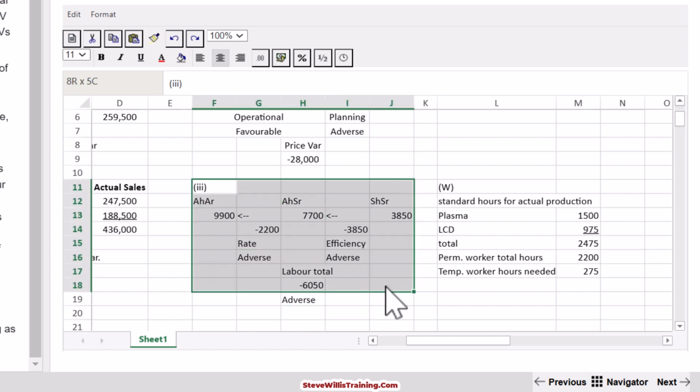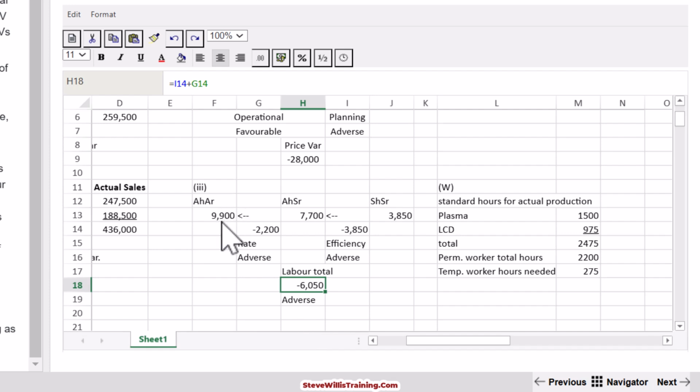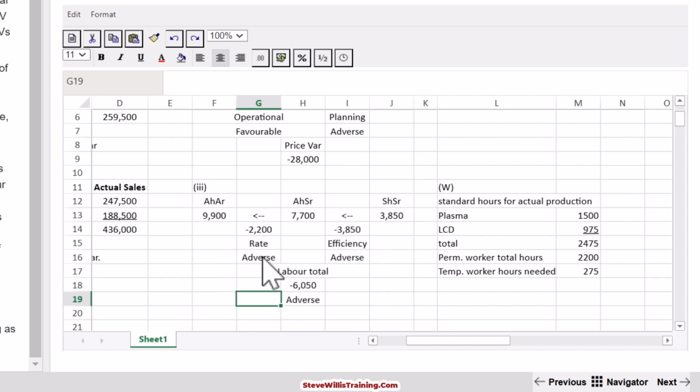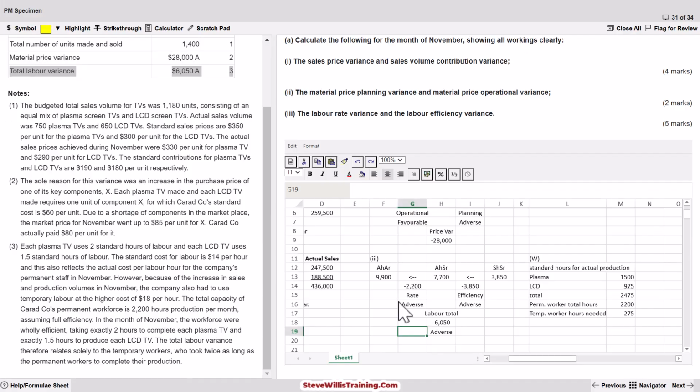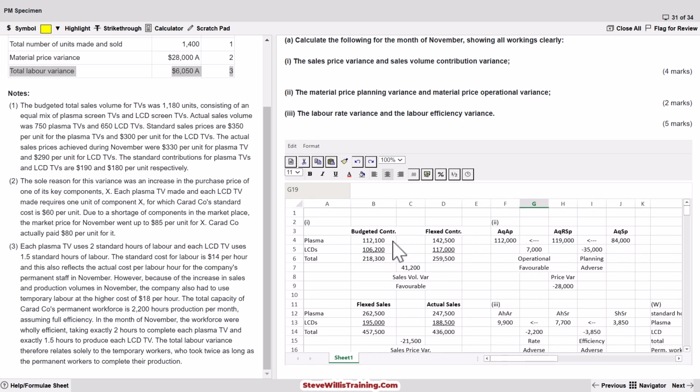Let's clean things up a little bit. We can apply that same format. We can center it just to make it look exquisite there. And now look at that. Wonderful. Guys, that was a tricky part of the question, but we've now completed part A. We got the sales variances here.